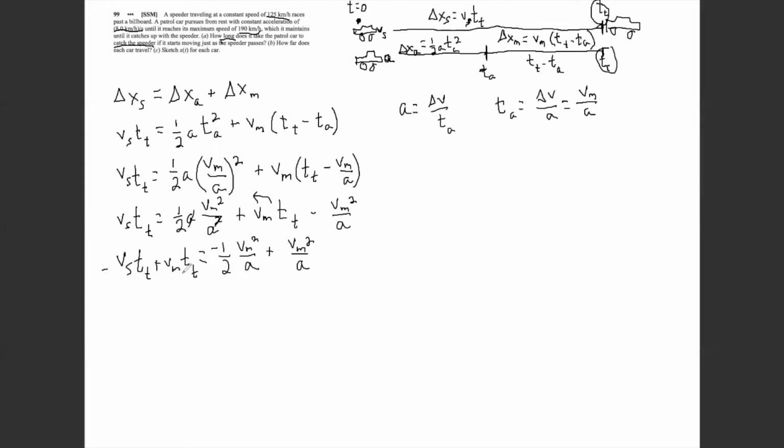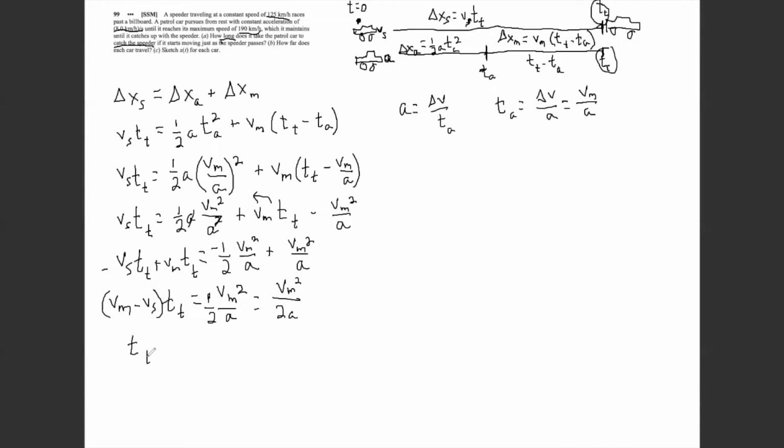So I'm going to factor out the Tt, and that gives us Vm minus Vs times Tt equals Vm squared over A, and that's 1 minus 1/2. So just 1/2, like that, which is just Vm squared over 2A. And then we just divide out this Vm minus Vs.